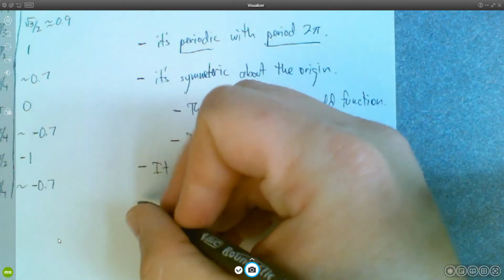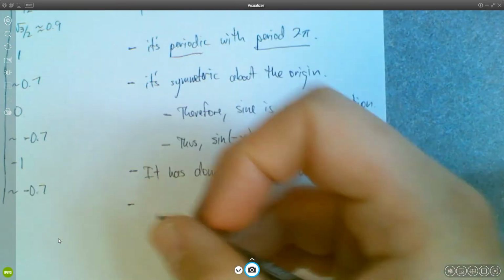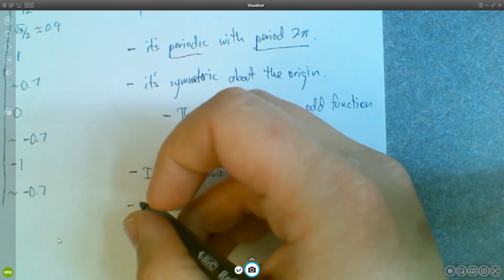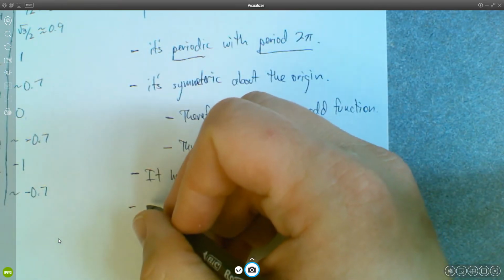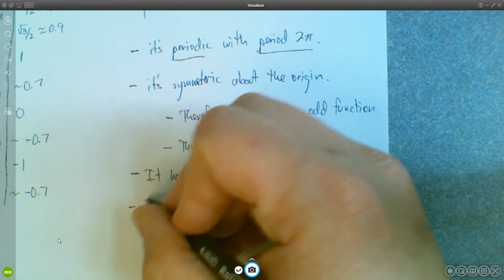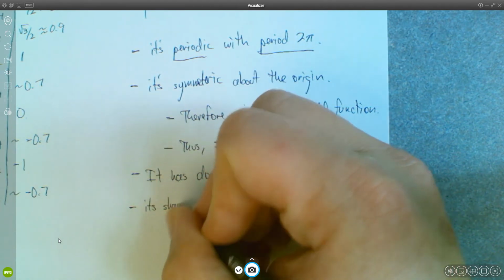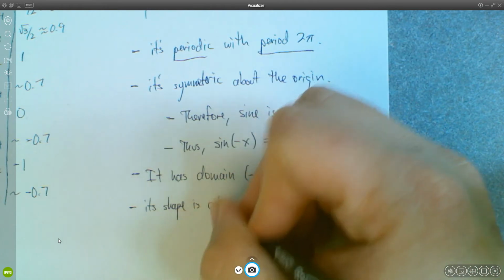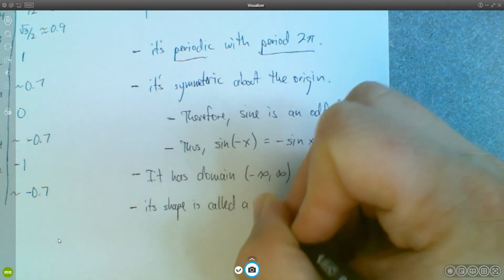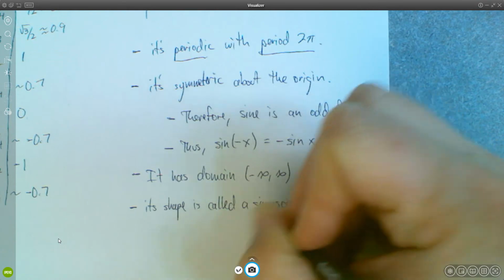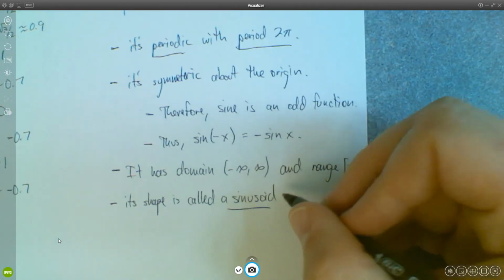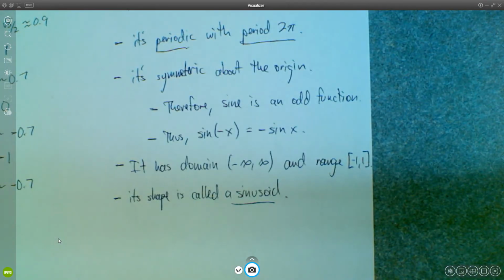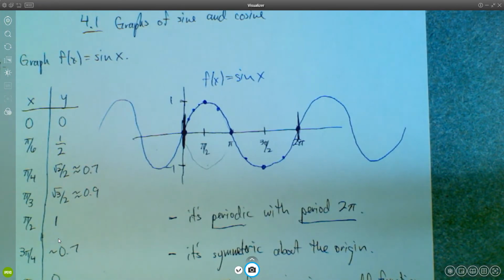Okay. And then this last one is just in case you see it in the book or whatever, but its shape is called a sine wave or a sinusoid. That kind of wavy shape is called a sinusoid. It's a sinusoidal wave. Okay, so that's the sine function, right? That's what it looks like.